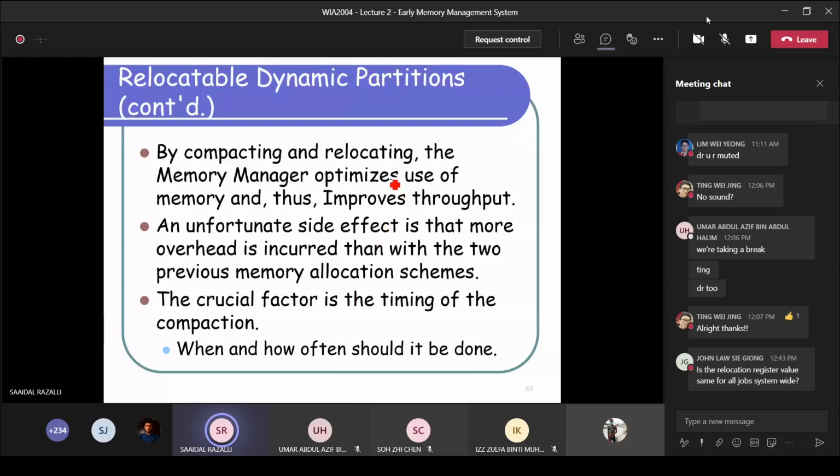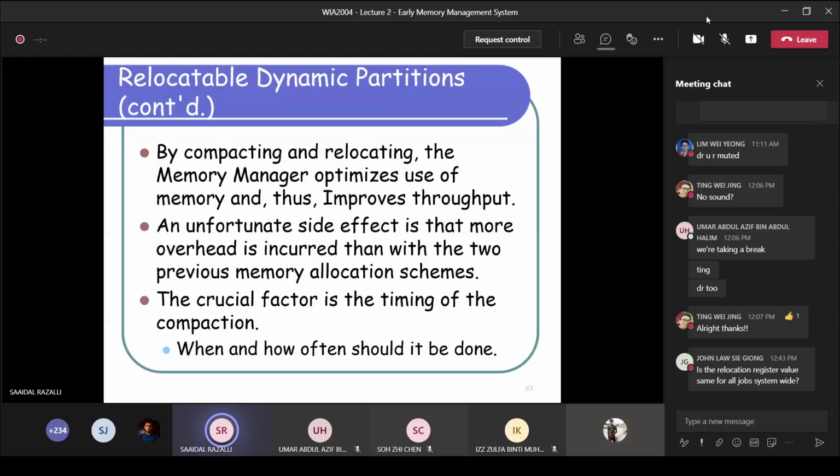By compacting and relocating, the memory manager optimizes use of memory and thus improves throughput. An unfortunate side effect is that more overhead is incurred than with the two previous memory allocation schemes. Fixed partitions and dynamic partitions have easy algorithms, but this one is much more complex.